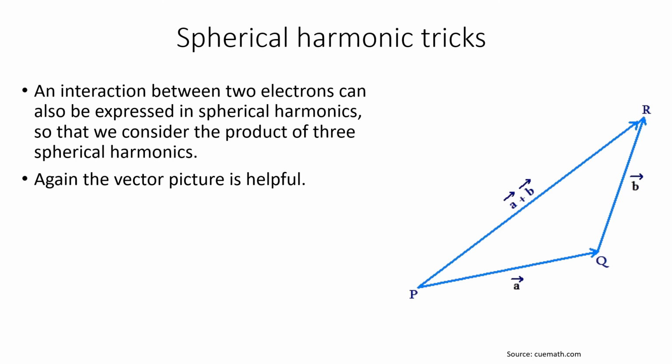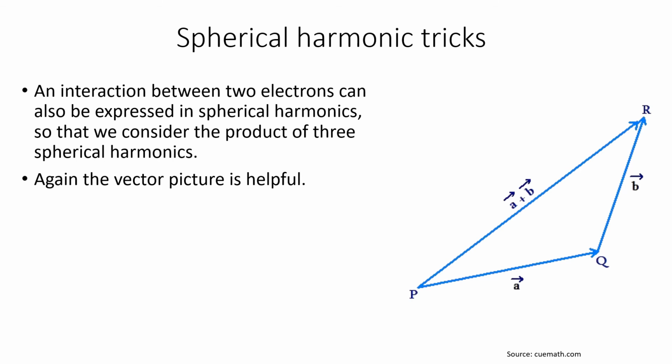Firstly, our idea of the spherical harmonics as vectors becomes very profitable. You can see the picture on the right here, which is just showing vector addition: vector A plus vector B, tip to tail, with the result being the sum A + B. So we can treat the harmonics a little bit like vectors.